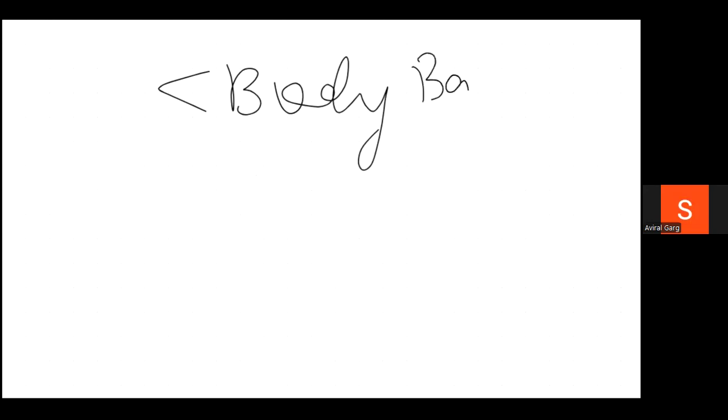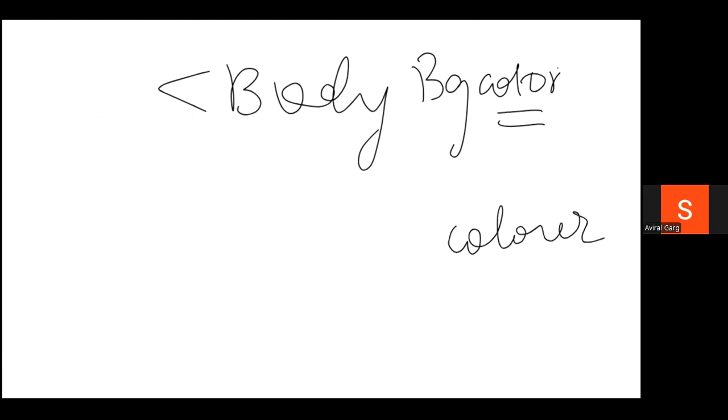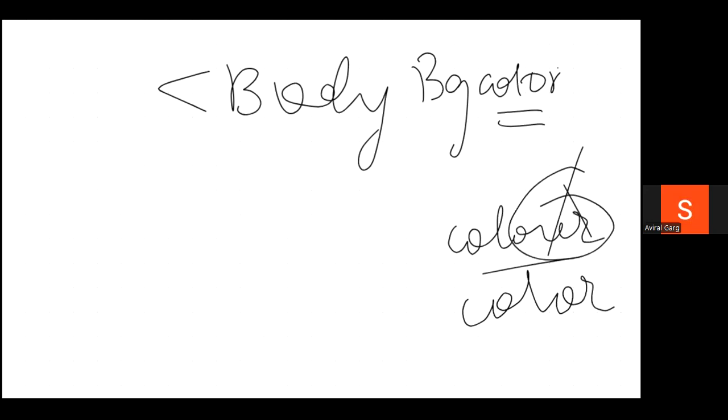Here, pay attention. In HTML, we do not write COLOUR. We mention COLOR. If you write UR, it will not accept. This is the correct one. BG color is equals to yellow, in double quotes, and then we will close the tags. So this is how we are using attributes. Okay.